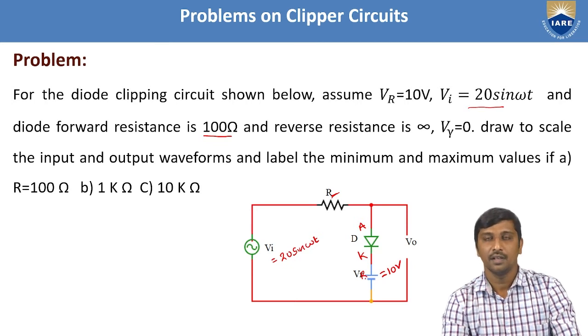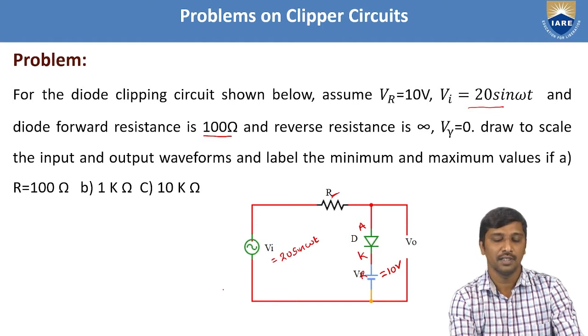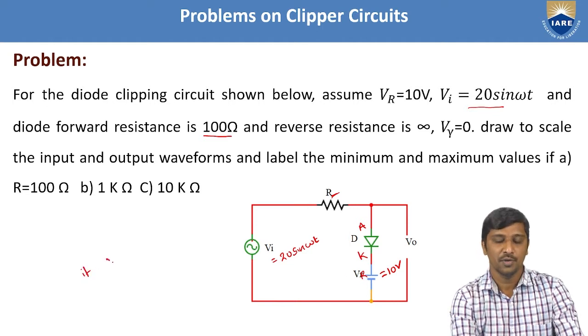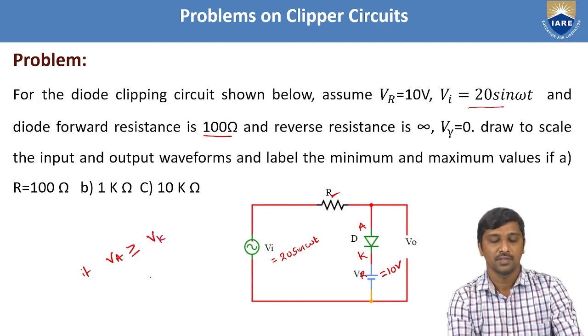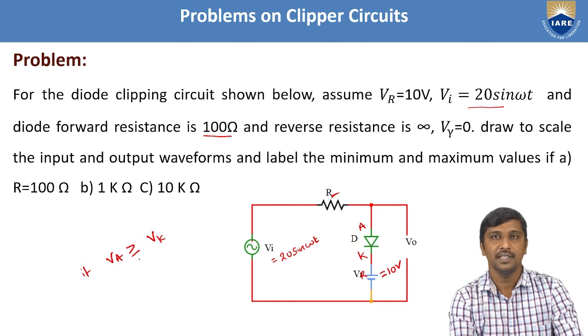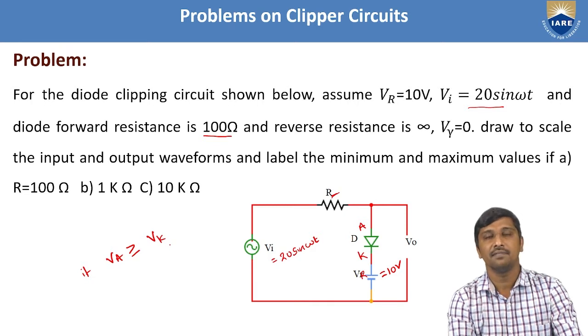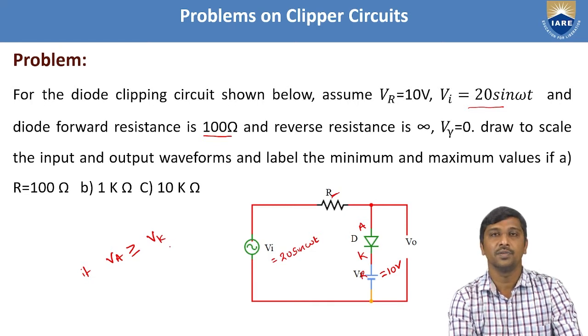Based on clipping circuit analysis, we know that the anode voltage must be greater than or equal to the cathode voltage, then only the diode is conducting. Otherwise, the diode enters the non-conducting state.